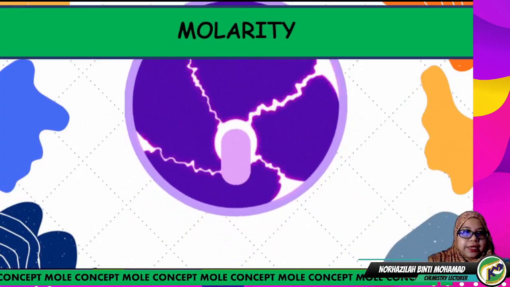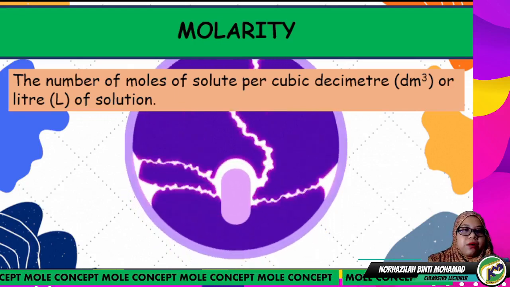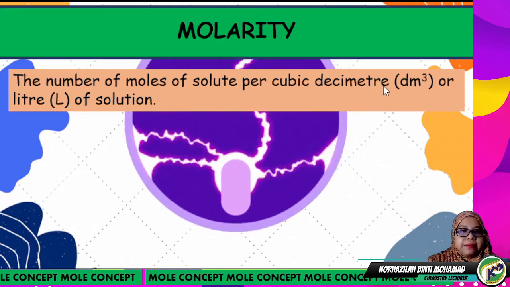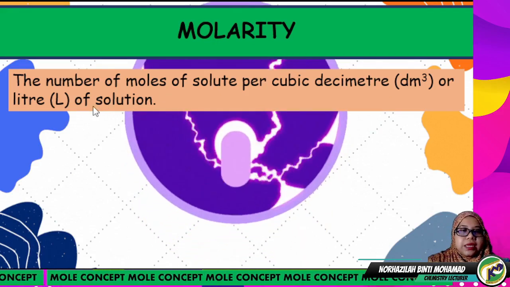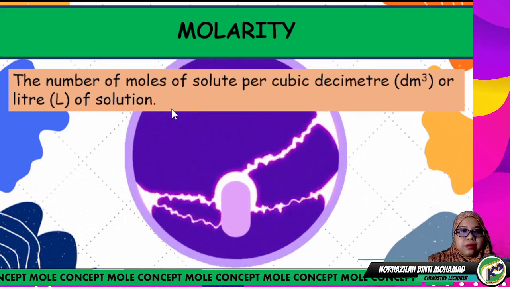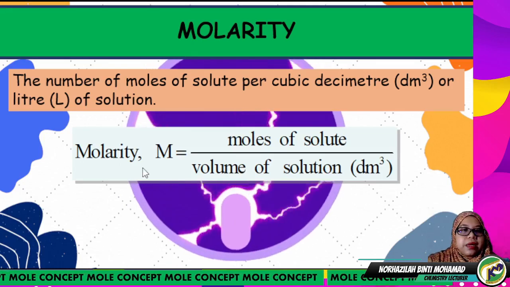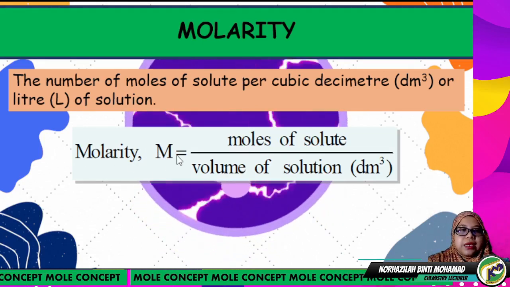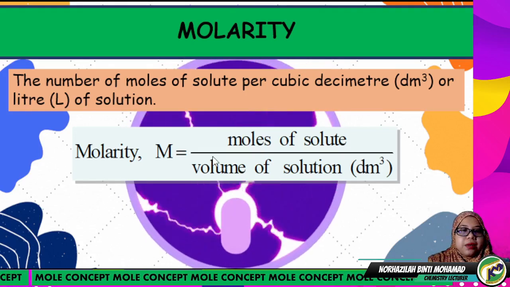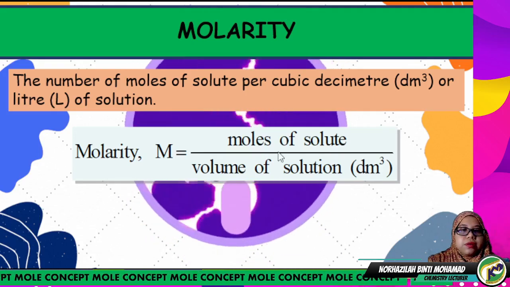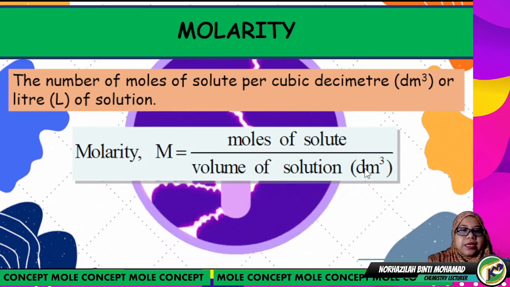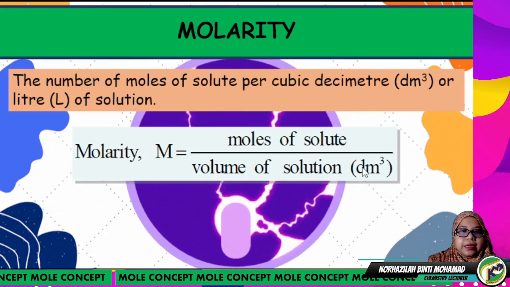So molarity is the number of moles of solute per cubic decimeter or liter of solution. The formula to calculate the molarity is: molarity, capital letter M, equals moles of solute divided by volume of solution, in dm cubed or in liter.